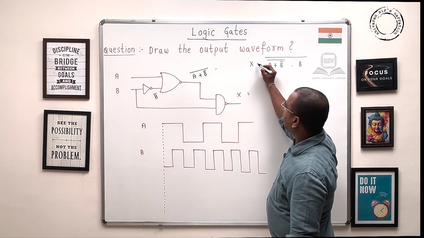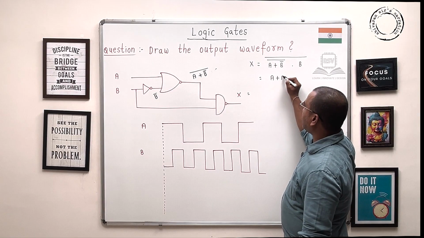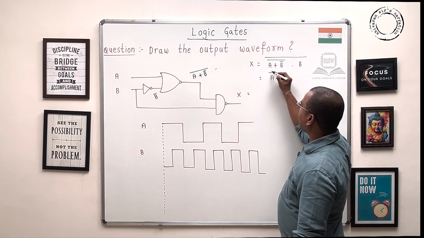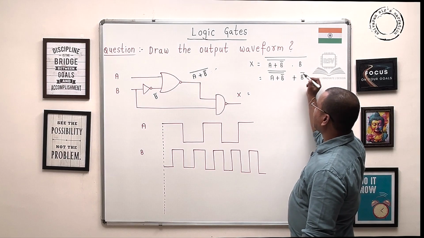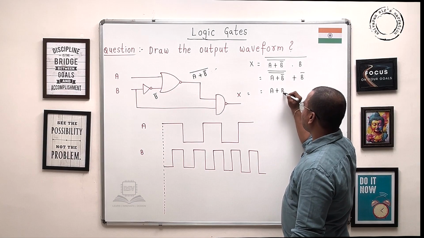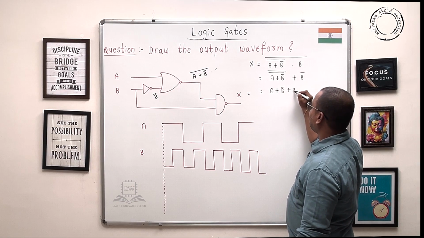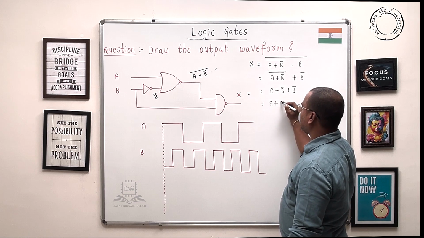Got it? Now, by using De Morgan's theorem, (A plus B bar) whole bar plus B bar can be written as A plus B bar plus B bar. It is A plus B bar only.